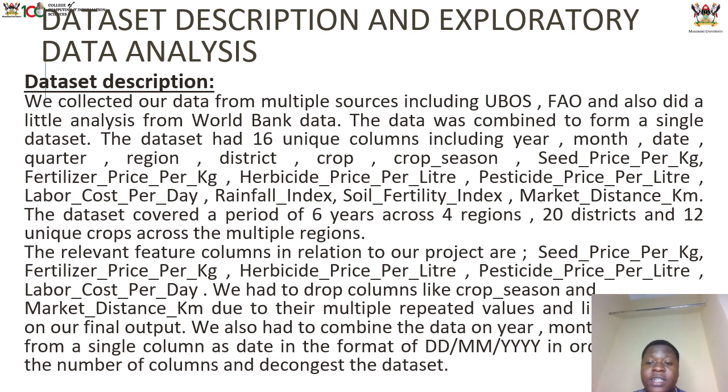Those last ones are conceptual factors. So this will help us come up with our total aggregated cost that we actually require as our final output. This dataset mainly had 16 columns, but we had to drop around 2 columns in order to remain with the ones that are applied to our required output.